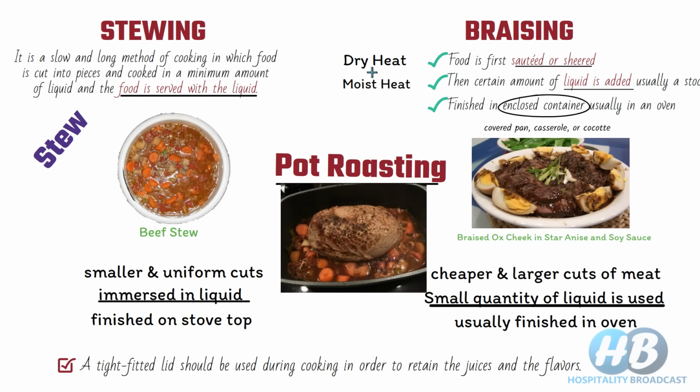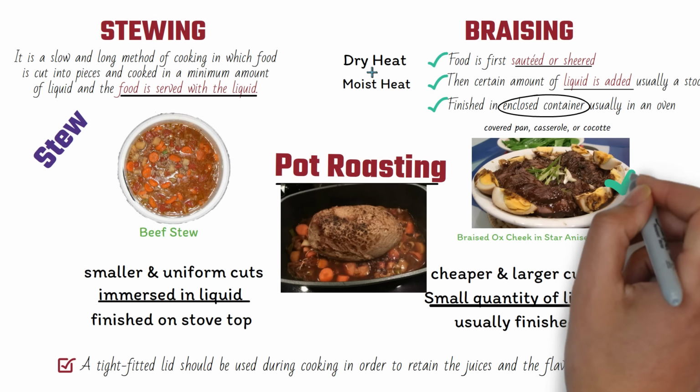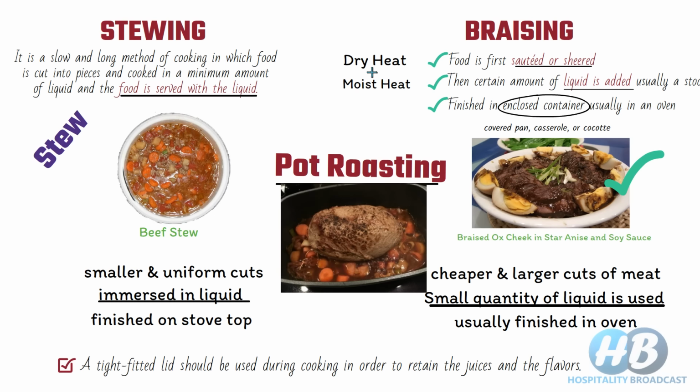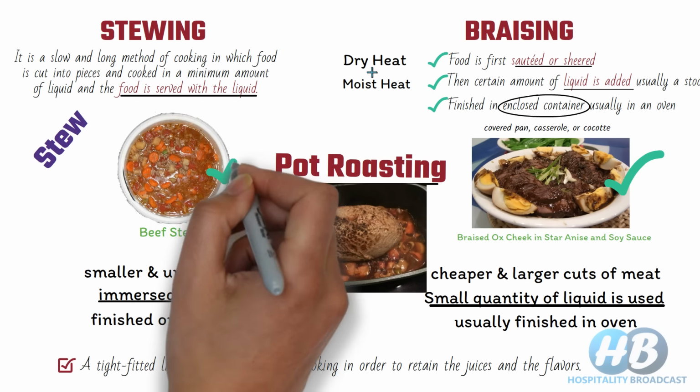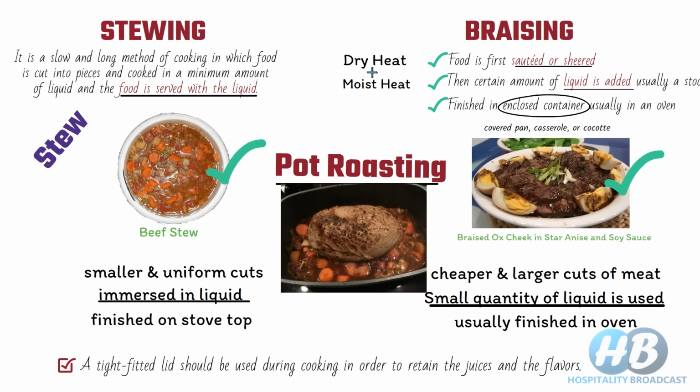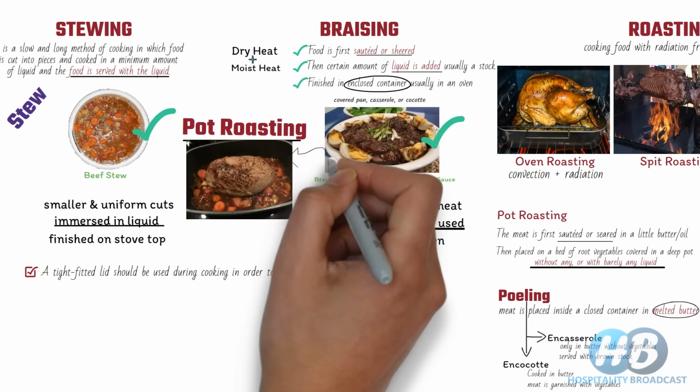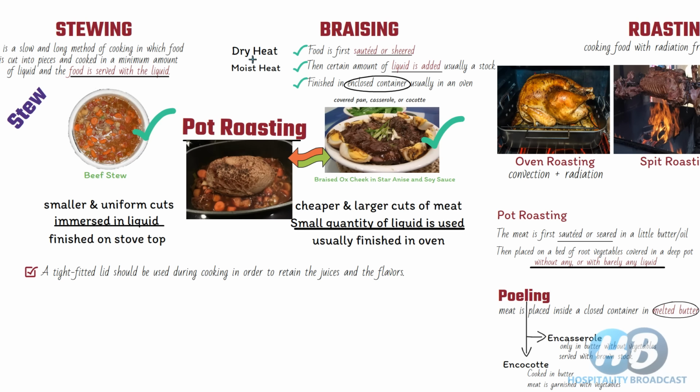Full roasts are pot roasted, or you can say use a whole piece of meat. Steaks and similar cuts are braised. Cubes and dices are stewed. But in my opinion, braising and pot roasting can be used interchangeably.